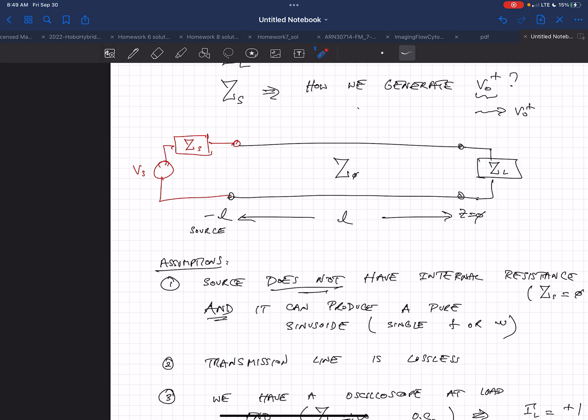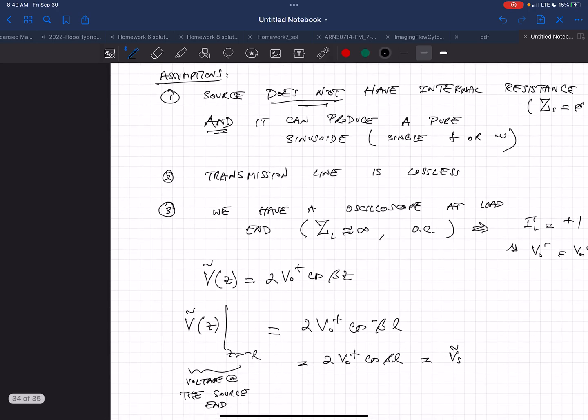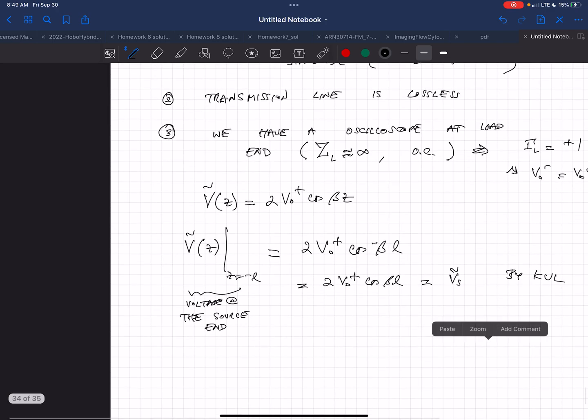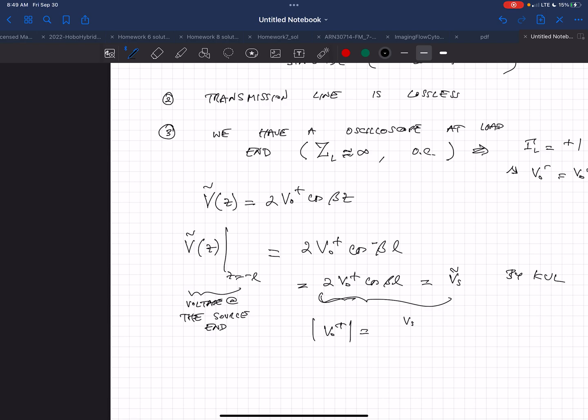You guys with me? So this is by KVL. Basically this all gives us V sub 0 plus equal to Vs hat over 2 cos beta L.